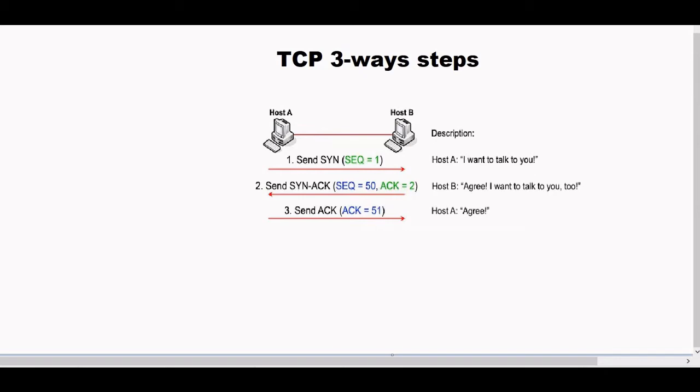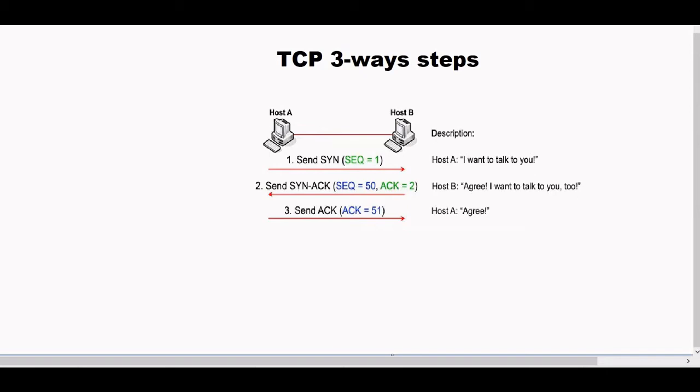The first step is the client connects to the server. It sends a segment with SYN 1 and informs the server to initiate communications. In the second step, the server responds to the client request with a SYN and acknowledge signal.